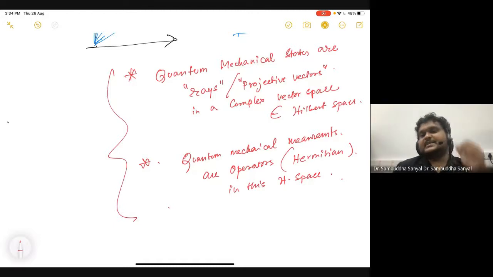These two statements are the two main key takeaways from this experimental observation and from these mathematical properties, and trying to bring them together. Okay, so these are the mathematical objects you need to describe a quantum mechanical state and a measurement. These are the two things, state and measurement.